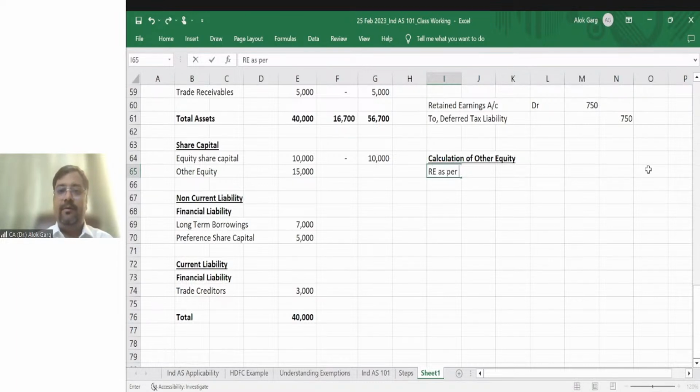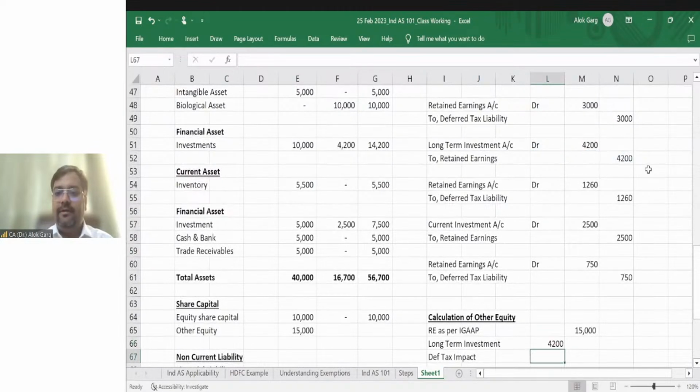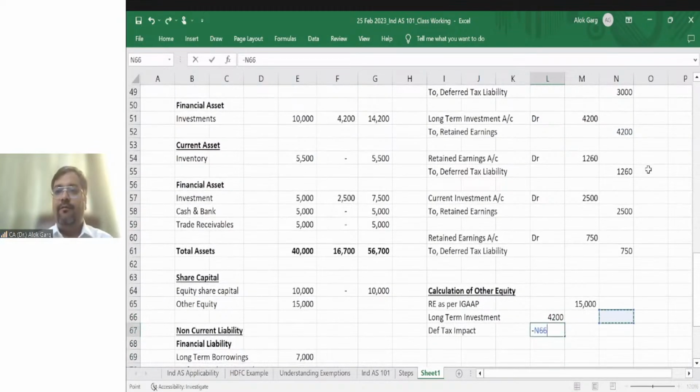RE as per IGAP was 15,000. Now it will be increased by long-term investment and deferred tax impact. By long-term investment, it will increase by 4,200 credit, but there is a debit of 1,260 due to the deferred tax.